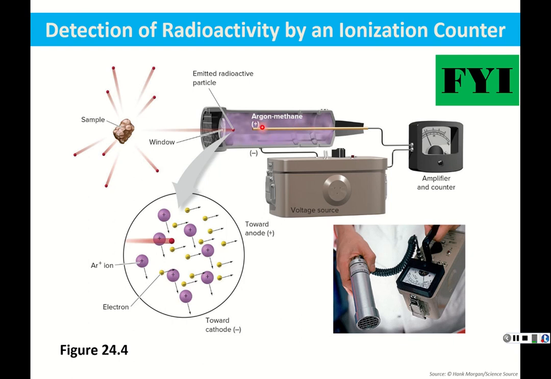So here would be a positive pole running down the middle, and the negative charge would be along the sides of the chamber. And then when that happens, you get a blip on your amplifier every time. So you can point it at surfaces that you want to see if they're contaminated or not. That's typically how one of these is used.